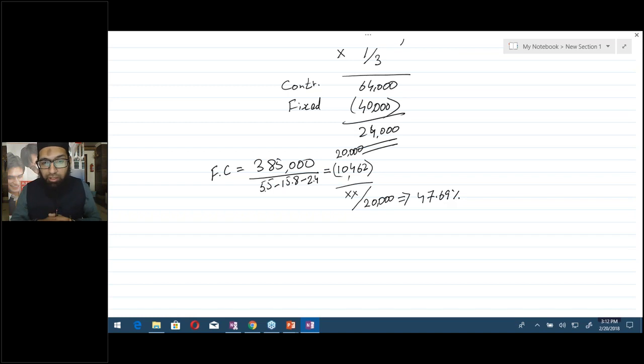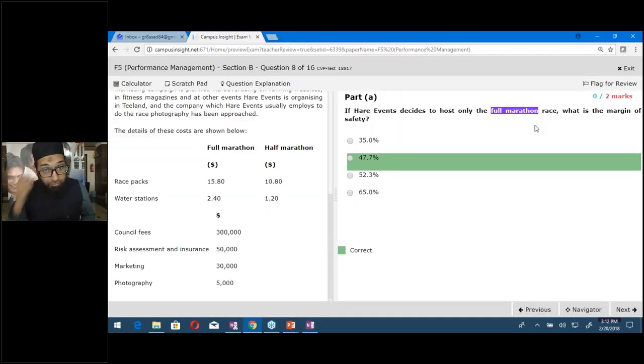Sorry, I'm very bad at pronouncing the names. So with no offense, if I pronounce somebody's name incorrectly, don't mind that. So to round it off, the answer will be 47.7%.